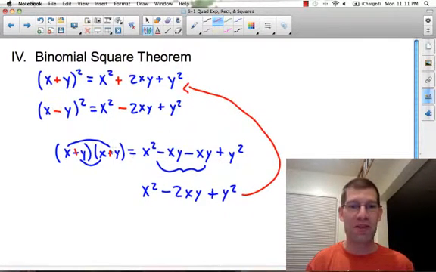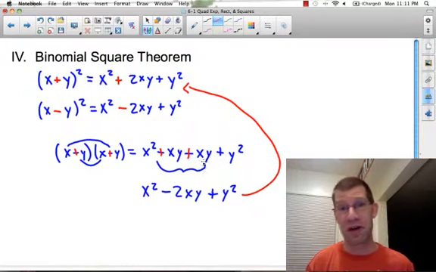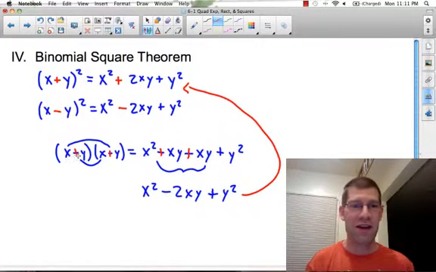Now it'd still be x squared, positive x times positive x, that's the same. But now my outside is going to be a positive x times a positive y, leaving us with a positive xy. Inside then, positive times positive for another positive, and then a y times x, which we write alphabetically as xy. And now last is going to be a positive y times a positive y for the positive y squared, which then gives us this.